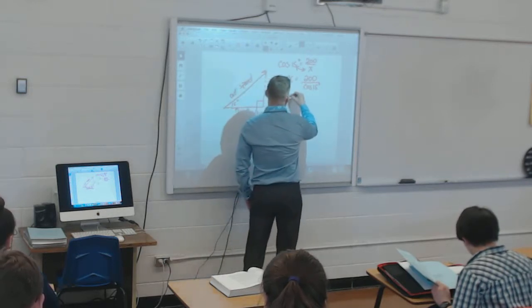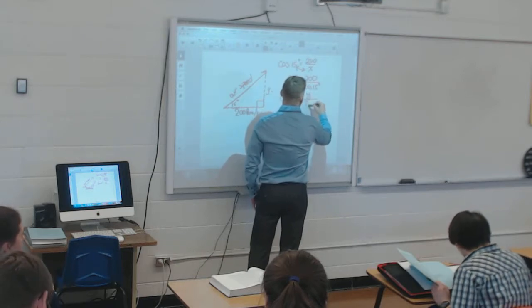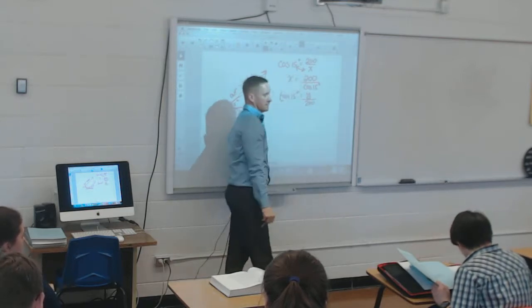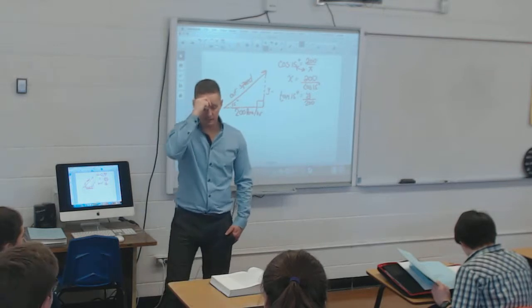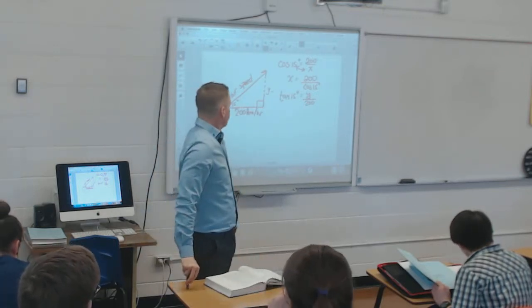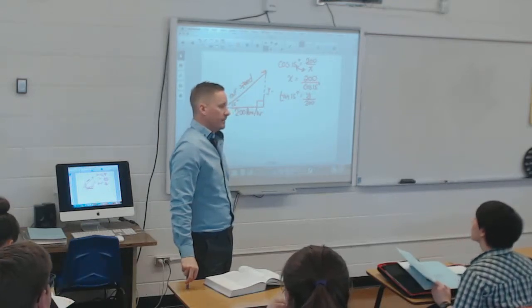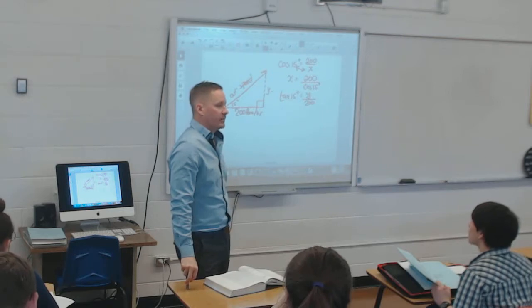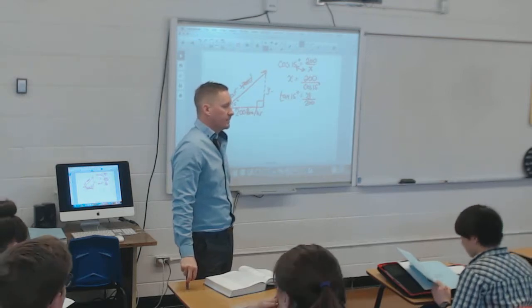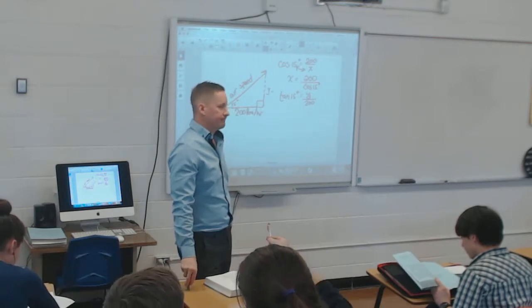Adjacent. Okay, so then you get y. You're trying to get y by itself, how do you move 200 out? Times it. Correct.